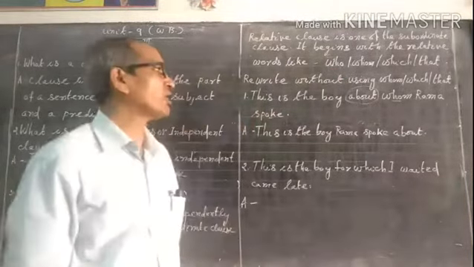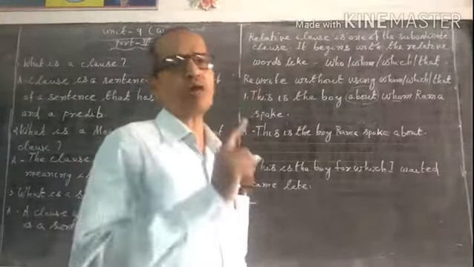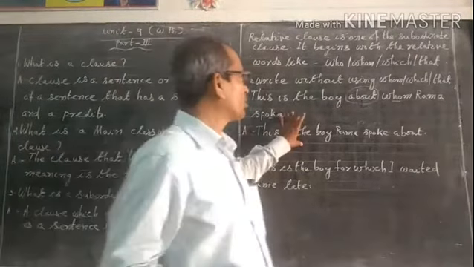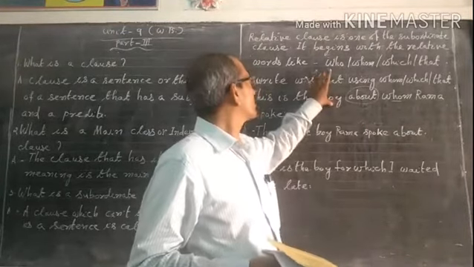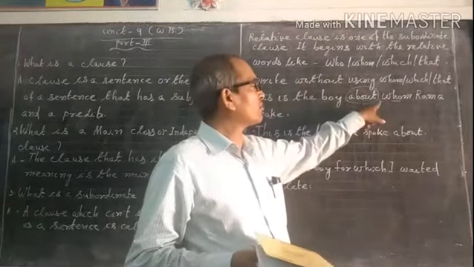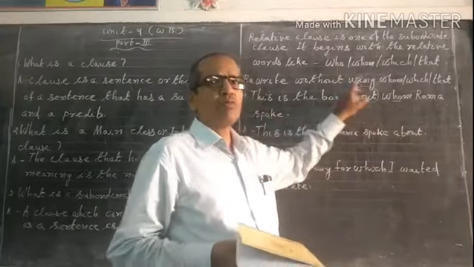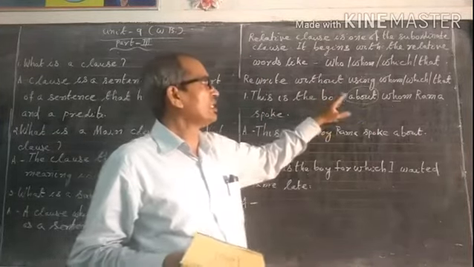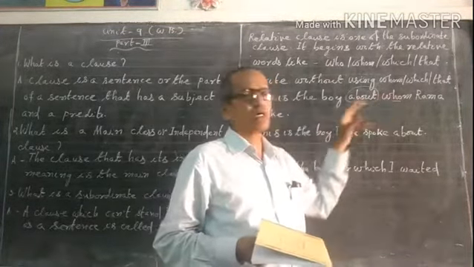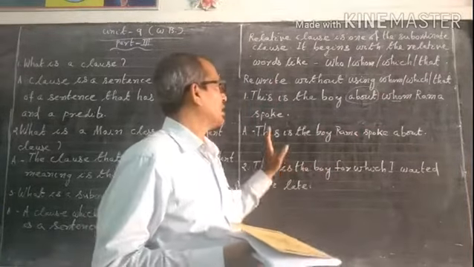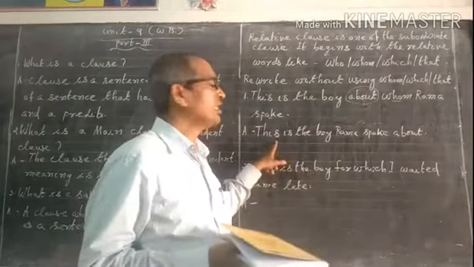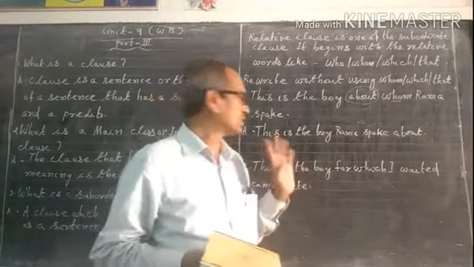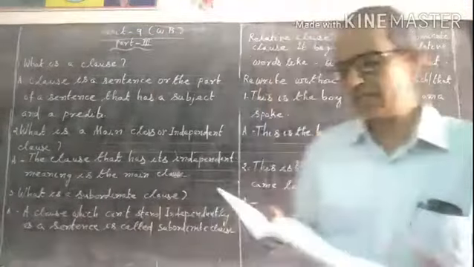This is the boy Ram spoke about. So there is no change in the meaning of this sentence. We have dropped the relative word. What we did was change the place of the preposition. It must be after the verb of the relative clause. Okay, children? Then we will go to the next.